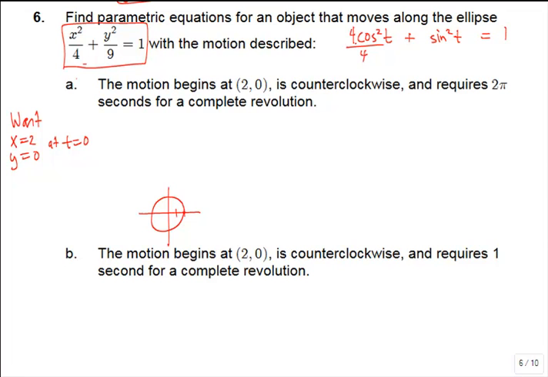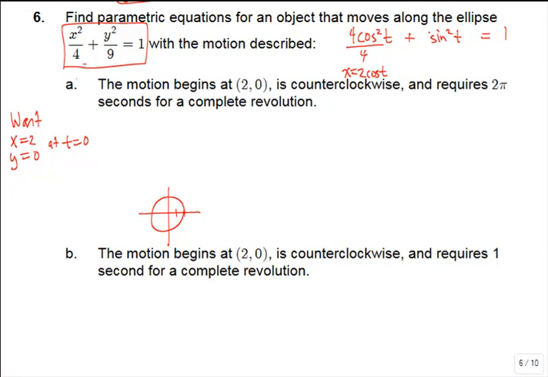So I'm still keeping this outer coefficient of 1, but I'm making it look a little bit more similar to this fraction here, where the x would be the square root of this numerator. So we could possibly let x be 2 cosine t.